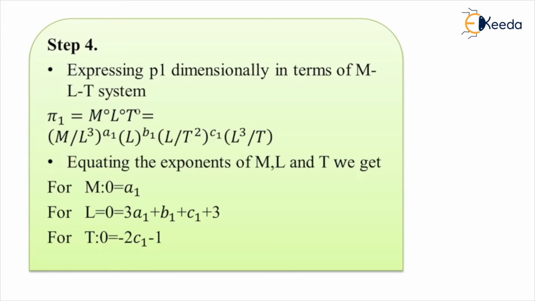Equating the components of M, L, and T, for M, a1 is equal to 0. For L, 3a1 plus b1 plus c1 plus 3 equals 0, and for T we have minus 2c1 minus 1 equal to 0.